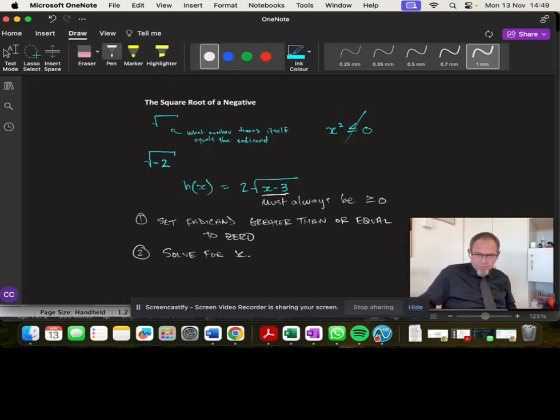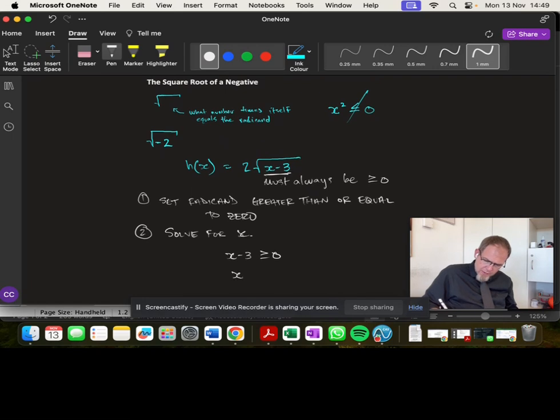Very similar to if we have a variable in the denominator of a fraction, we just set the radicand, x minus 3, greater than or equal to 0, and then we follow our rules for inequalities. So x has to be greater than or equal to 3. So my domain for this function is x such that x is greater than or equal to 3, and x is an element of the reals.